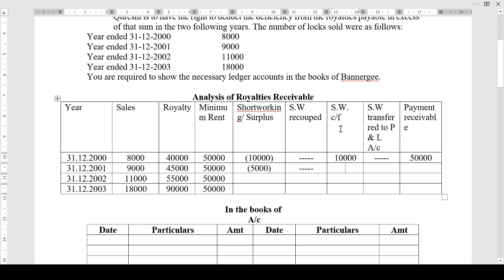Okay. Short working carried forward. Now we've got two, one of 2000 and one of 2001. Do we still have a chance to recover this 10,000? Yes or no? Because we still have another year to recover it. So we are going to carry it forward. So 10,000 plus 5,000. Total short working carried forward will be 15,000.